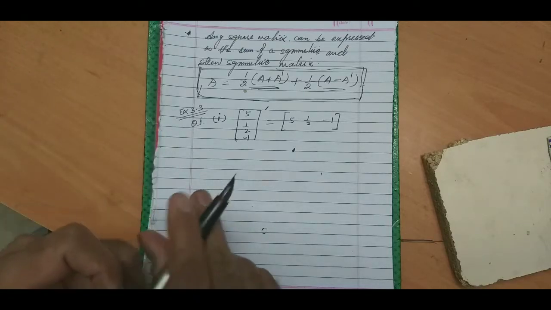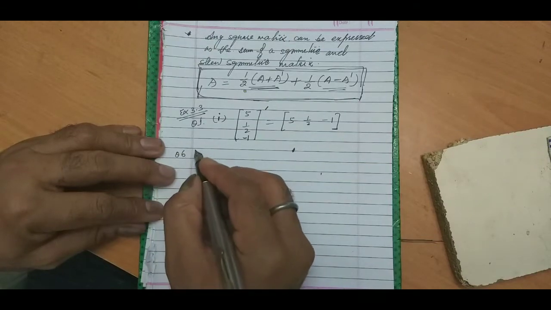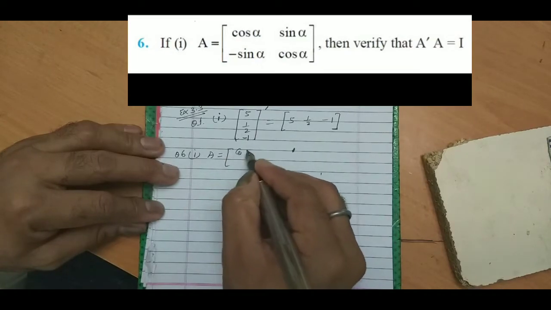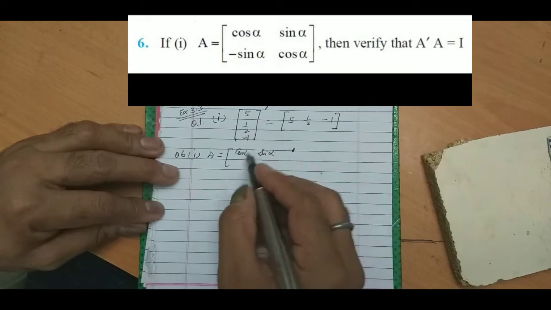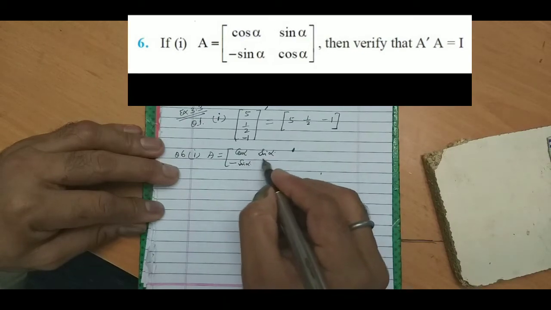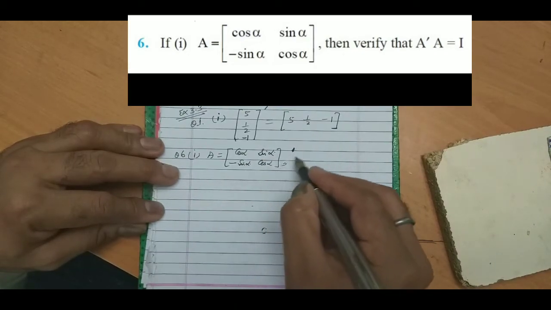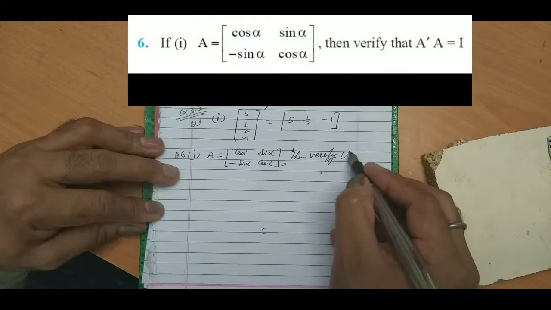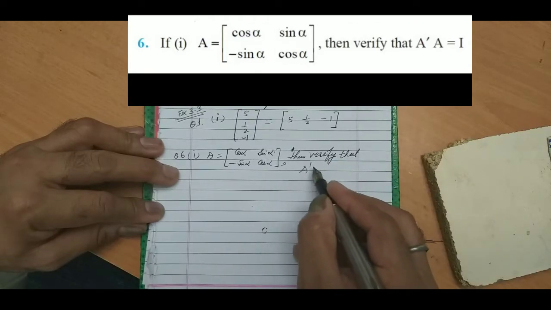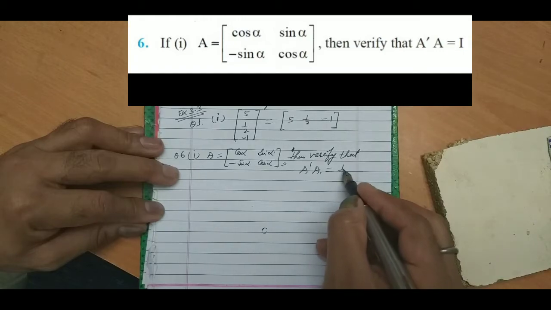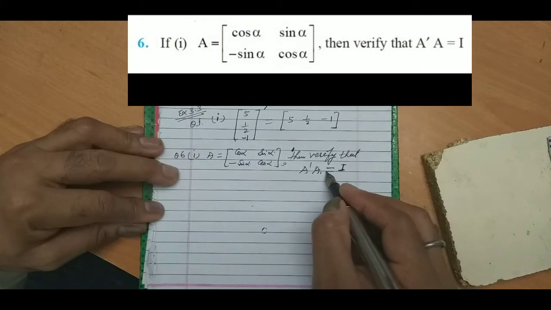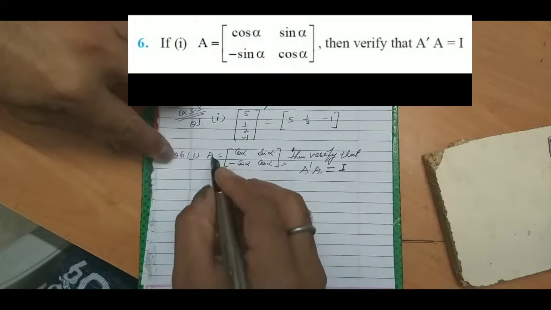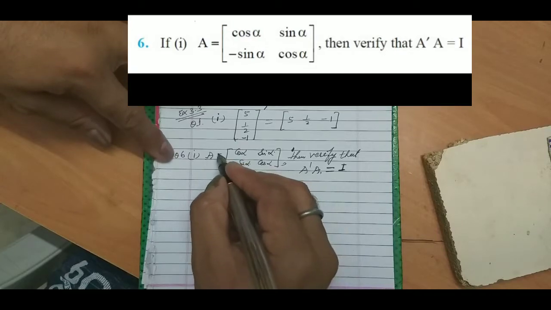So now I take this question number 6, part number 1. If matrix A is equal to cos alpha, sin alpha, minus sin alpha, cos alpha, then verify that transpose of matrix A into A is equal to identity matrix, that is 1 0 0 1 or maybe 1 0 0, depending upon the order of the main matrix.